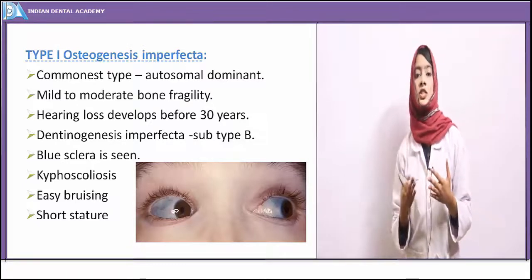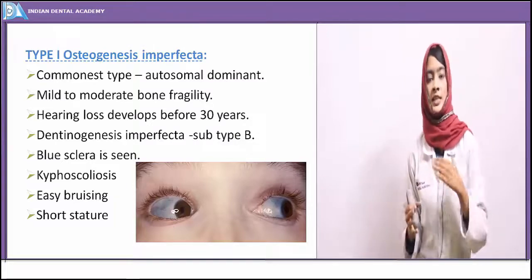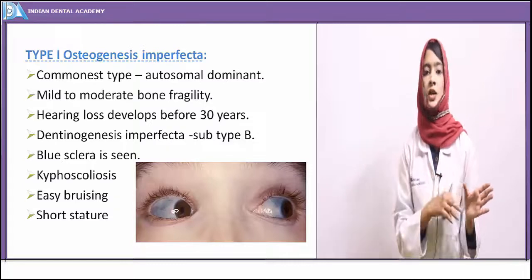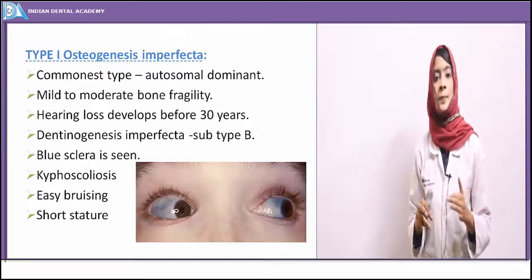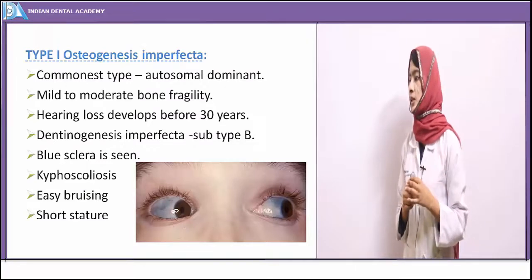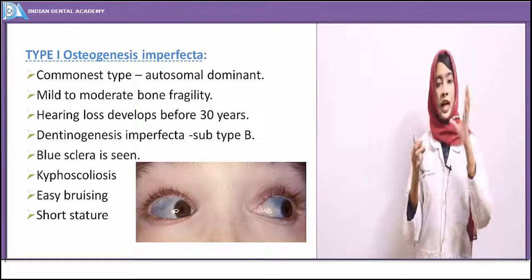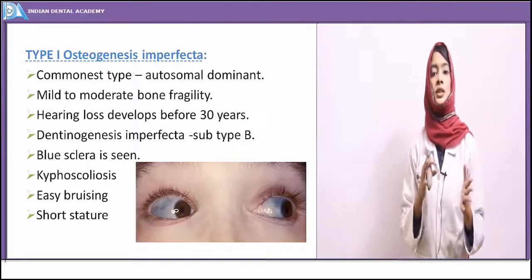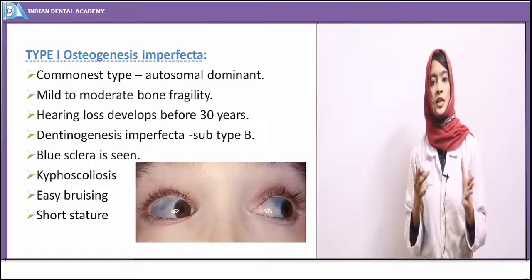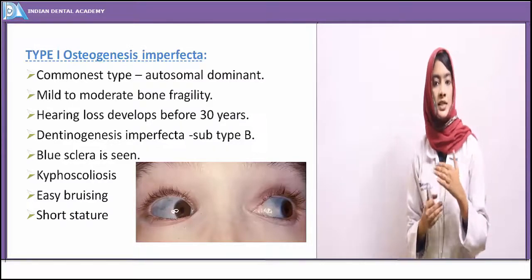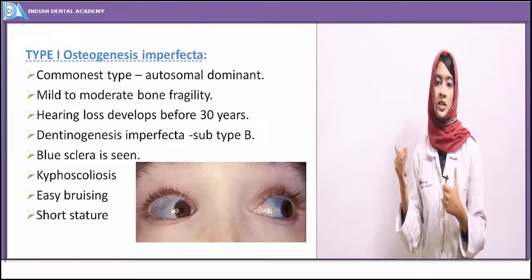Type 1 is divided into 2 subtypes, A and B. Subtype A is not associated with dentinogenesis imperfecta; subtype B is associated with dentinogenesis imperfecta. Because of the extreme weakness of bones, even the spine is bent. That condition is called kyphoscoliosis: the spine will be bent to one side and the shoulder will be raised to that side.